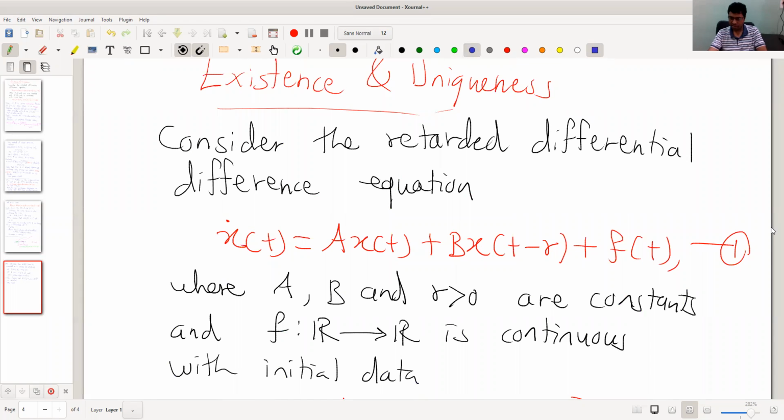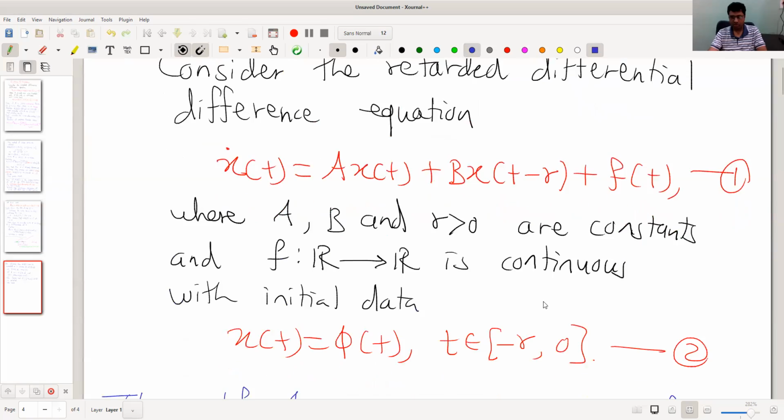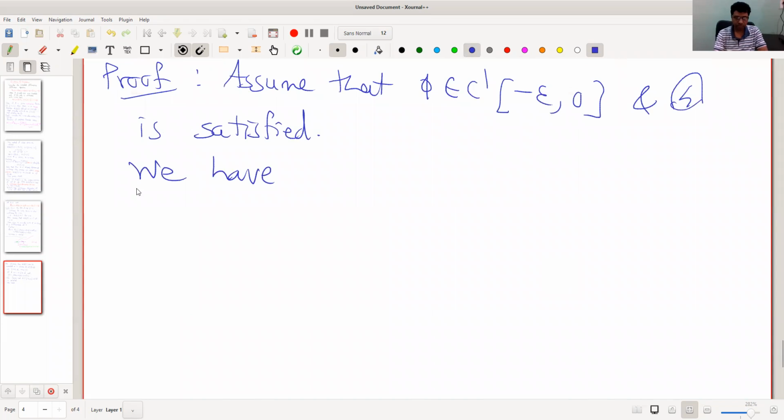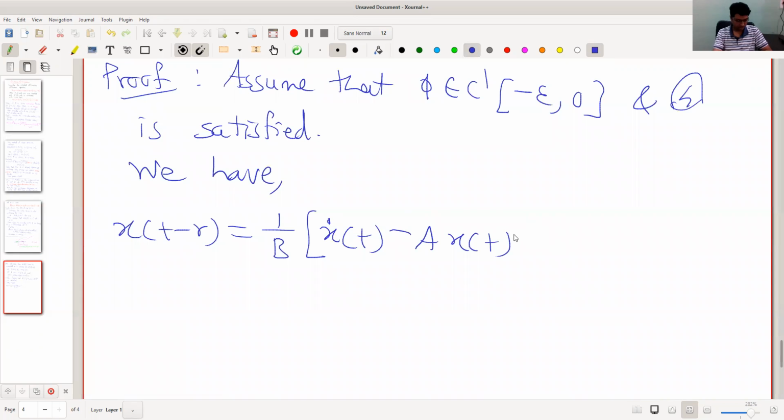So dividing by b and rearranging, we can write equation 1 as x of t minus r equal to 1 upon b into x dot of t minus a x of t minus f of t. Rearranging 1.